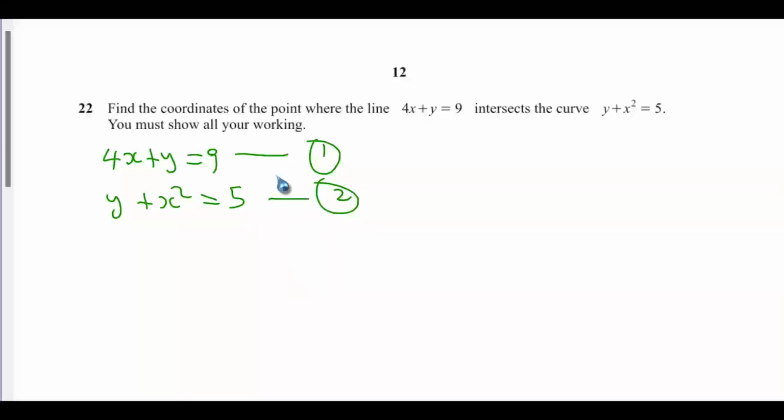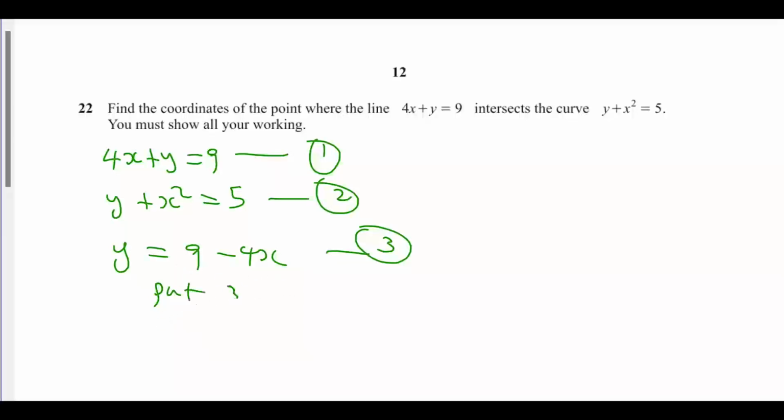You can start from equation 1 and make y the subject of the formula. So from 1, y equals 9 minus 4x. You can call this equation 3. Then put equation 3 in equation 2.